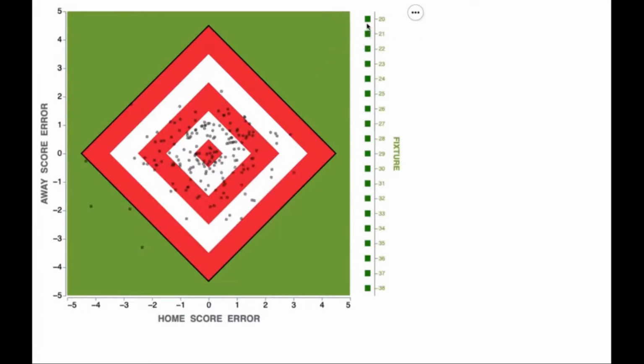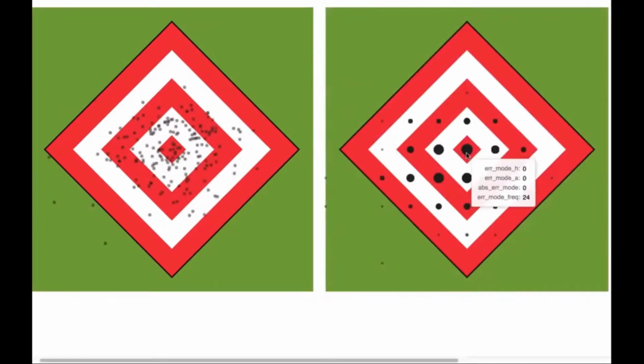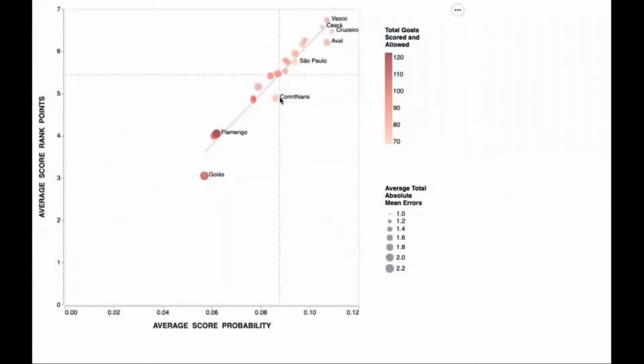You can see the probability assigned to each forecast, the errors, you can filter by fixture, this particular one, and compare the regions of the 2 targets. They are different. And finally, the evaluators for each team. And that's it. Thanks again.